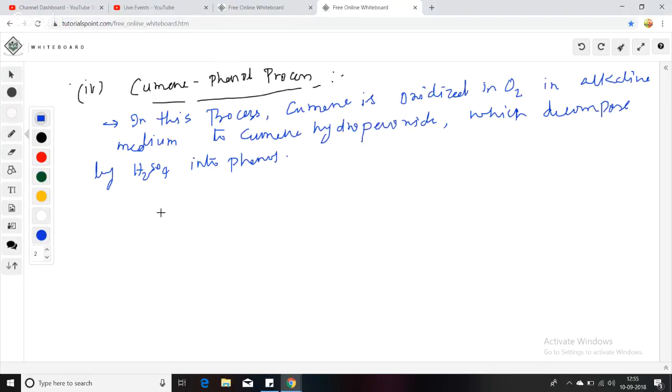Now you see, cumene is this: we have a phenyl ring, then CH3, CH3.